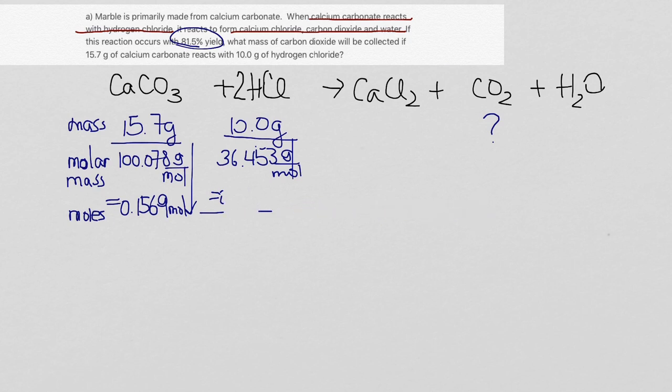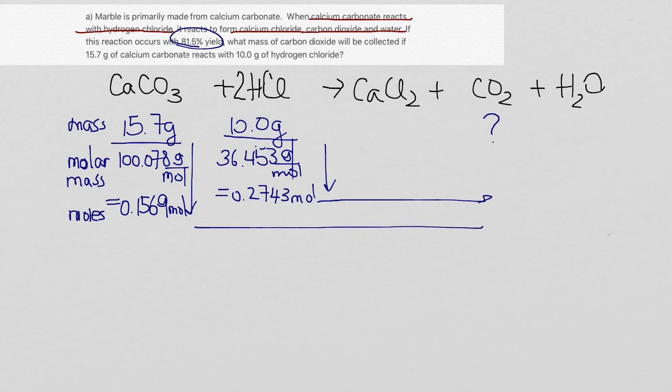I'll draw this again. 0.2743 moles of hydrogen chloride available. And now arrows go down and across, down and across.